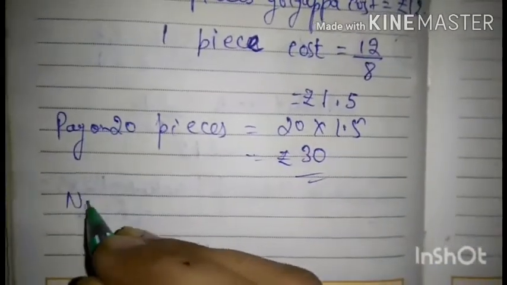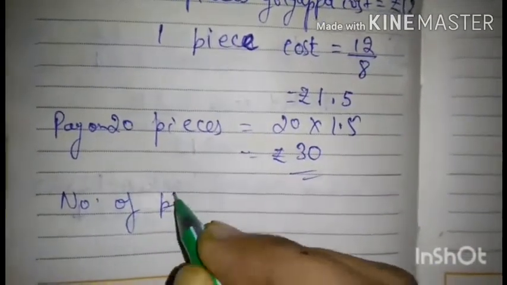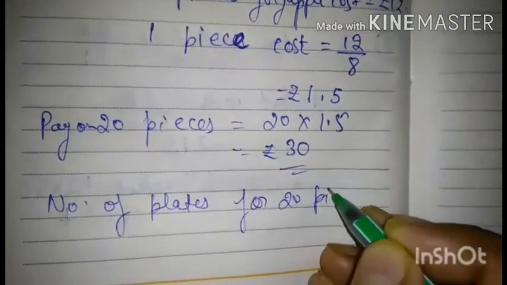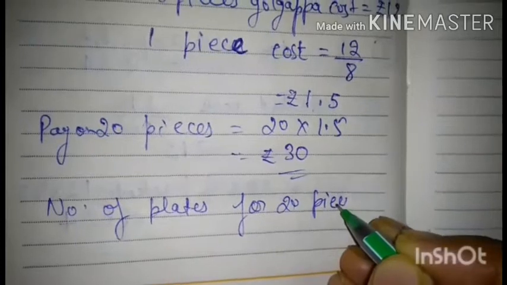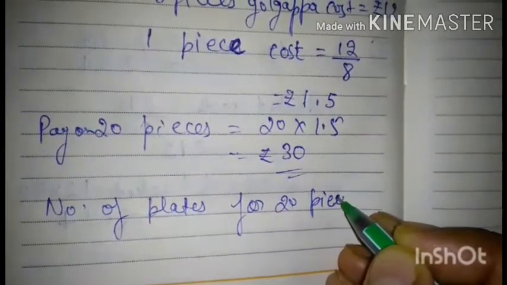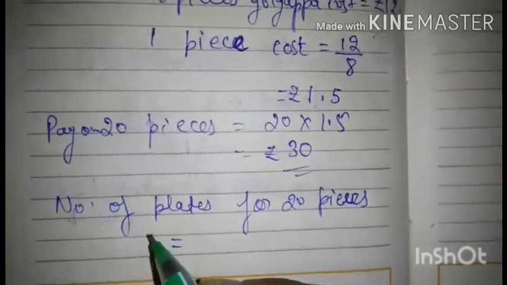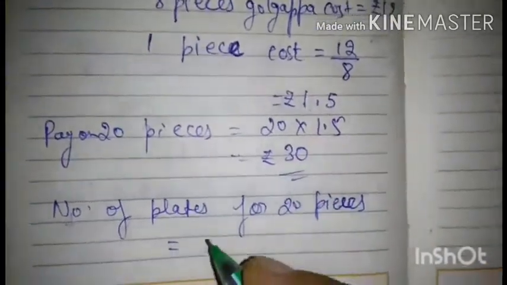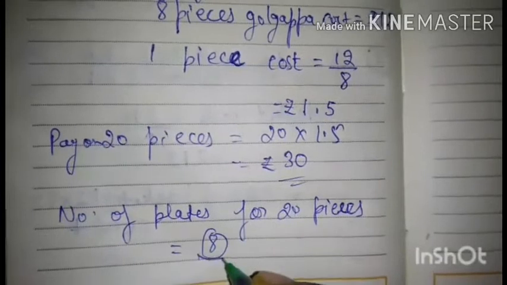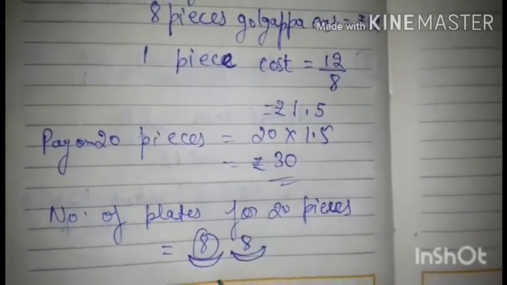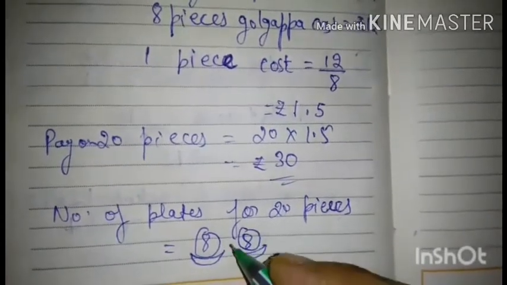Now for the number of plates for 20 pieces. Okay. Because on one plate there are 8 pieces. This is one plate of 8 pieces. Second plate, 8 pieces. 8 and 8 make 16.